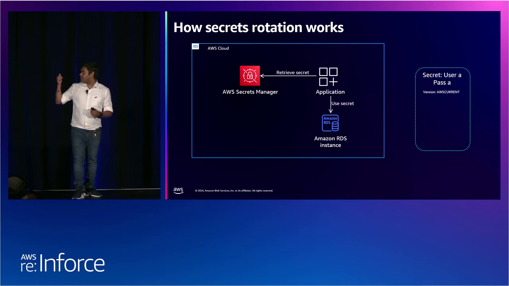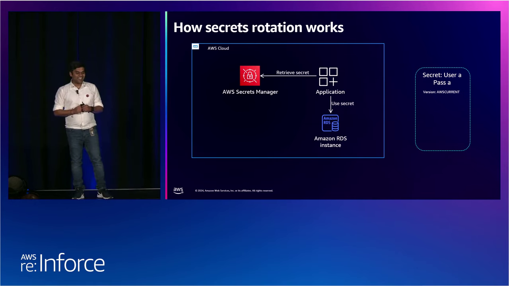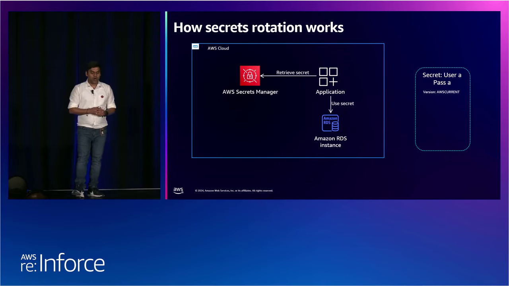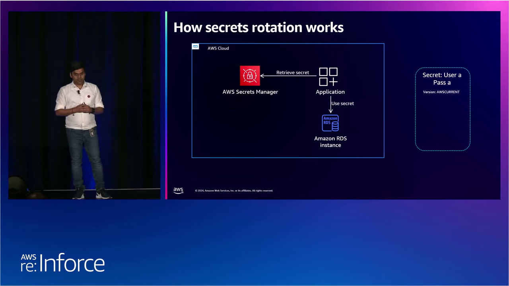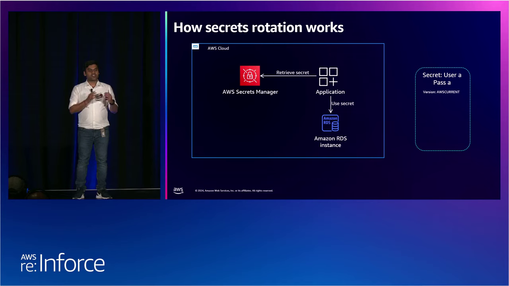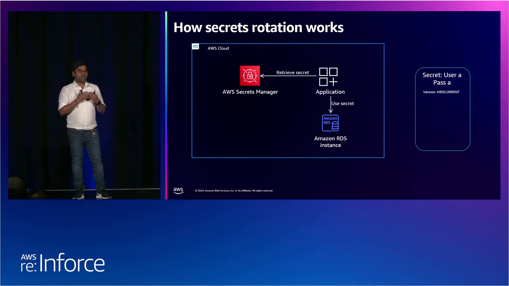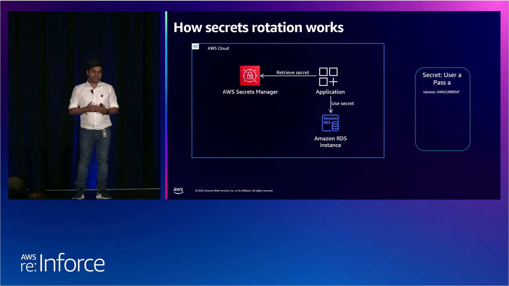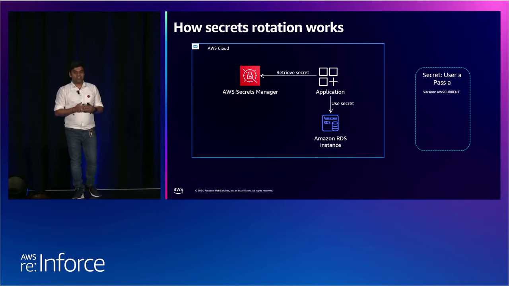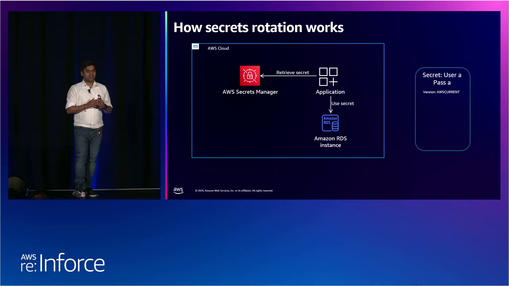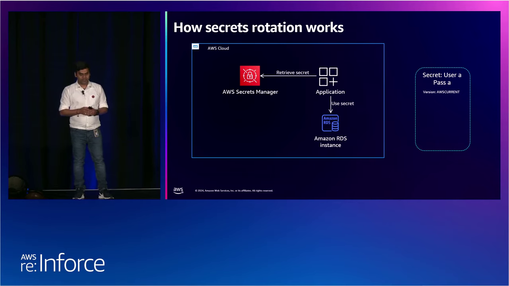Notice on the right-hand side of the screen, I've mentioned the username as user A and password A, and that's basically your secret object. And that has been labeled with something called AWS current version. In Secrets Manager, we have this concept of version labels, and whenever you are retrieving a value of secret, you always retrieve AWS current version from Secrets Manager. And we'll see how this kind of helps us carry out rotation in a more graceful manner.